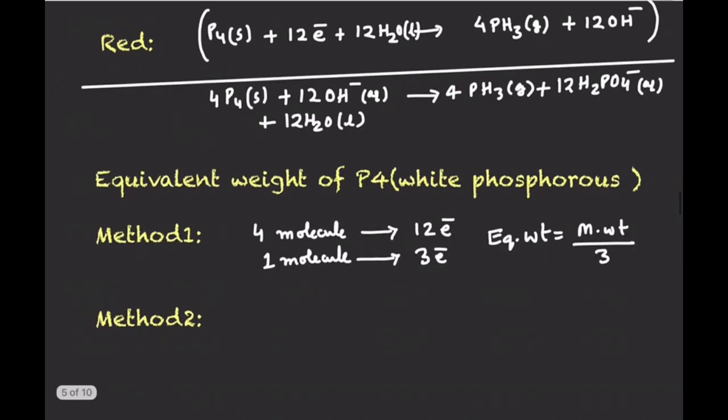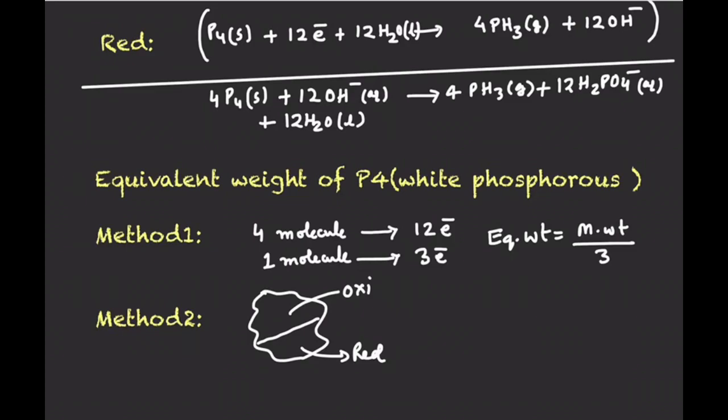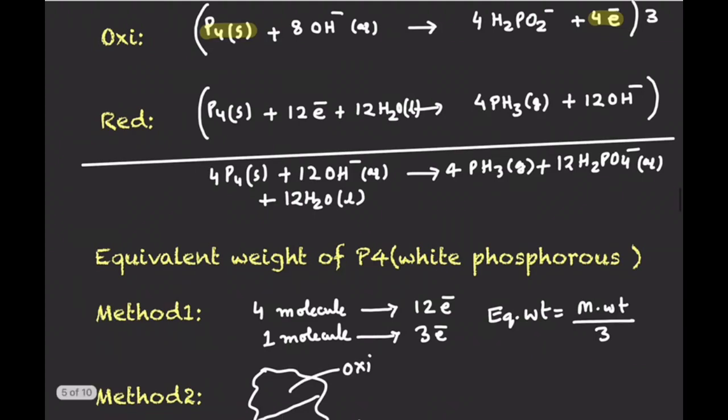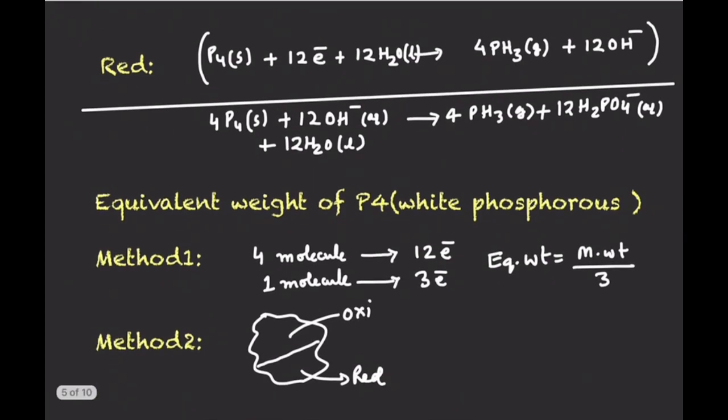We can solve the same problem by another method, where we calculate the equivalent weight of white phosphorus participating in the oxidation reaction and the reduction reaction. We know that in the oxidation reaction one molecule of white phosphorus is releasing 4 electrons, so the equivalent weight of white phosphorus in the oxidation reaction is equal to molecular weight divided by 4.